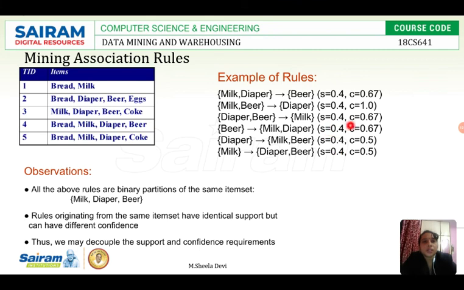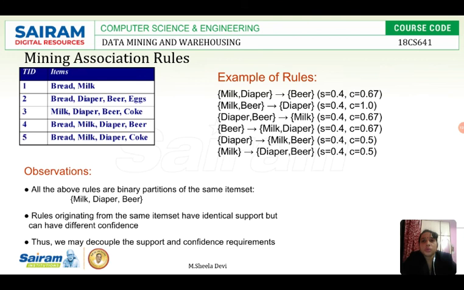And the third association rule, if you take, is 40% and 67%, so it can be accepted. If the minimum confidence level is 50% and the minimum support threshold is 40%, then the first one will be accepted, the second one will be accepted, the third one will be accepted. Yes, all are accepted. So only the accepted association rules have been taken.